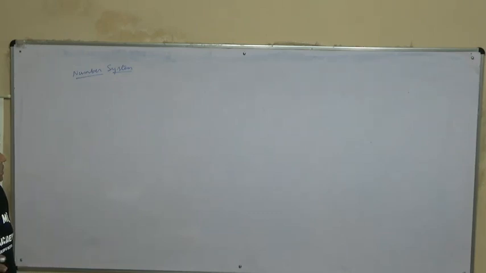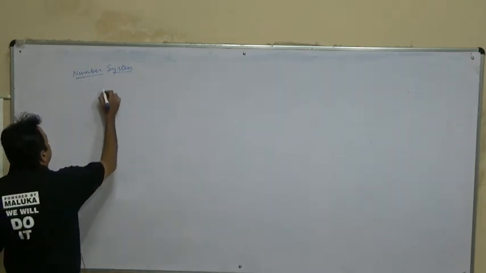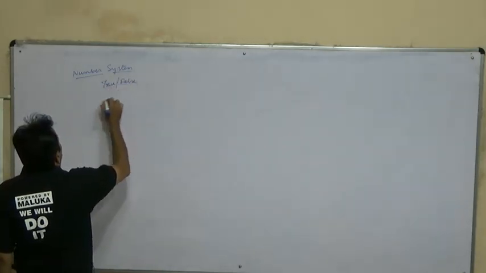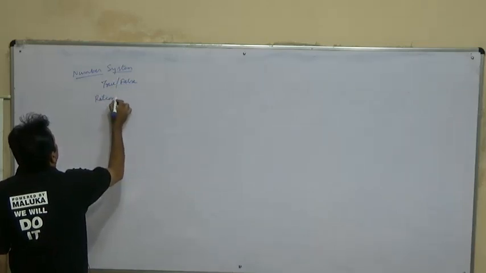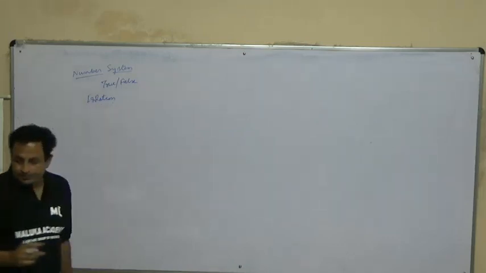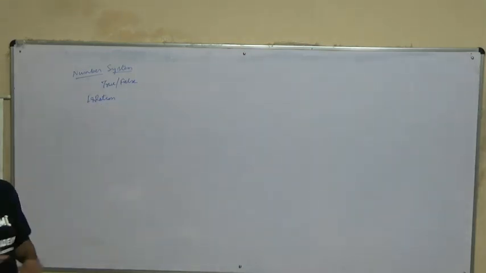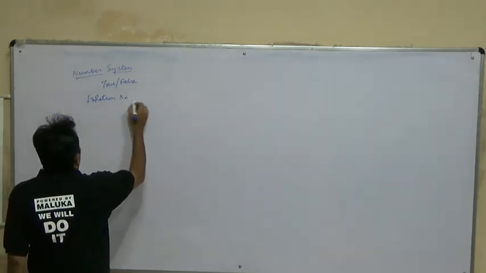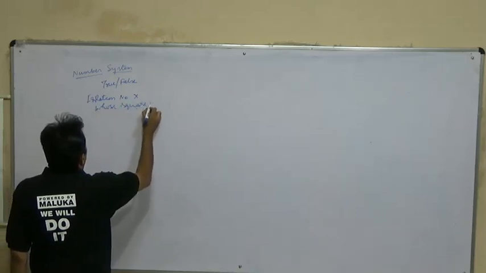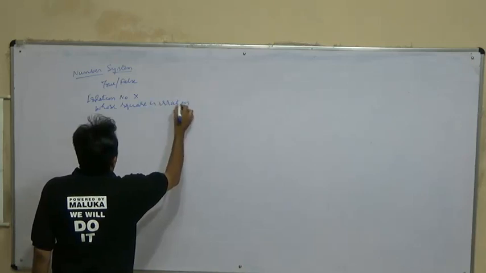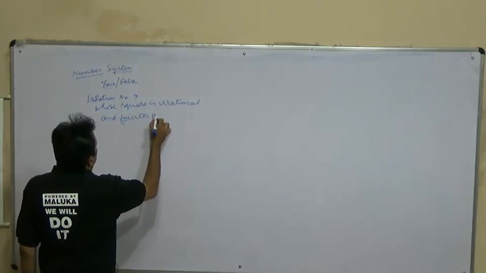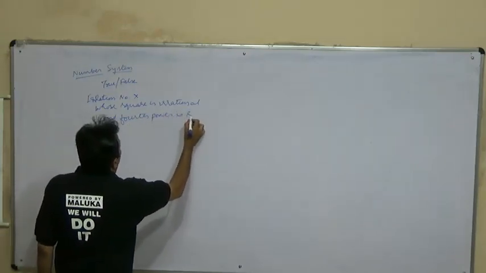So we have to tell, true or false: there exists a rational number x, irrational number x, whose square is irrational and fourth power is rational.